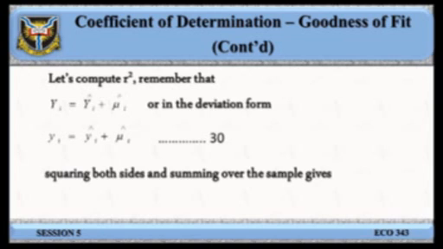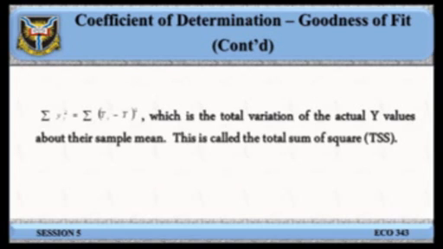Since summation yi estimator μi estimator is equal to 0, the different sums of squares appearing in equation 31 are: summation yi squared, which is equal to summation (yi minus y bar) squared, the total variation of the actual y values about their sample mean. This is called the total sum of squares, TSS.